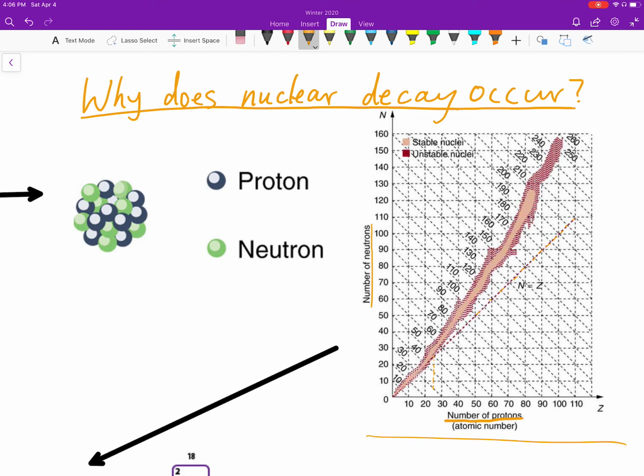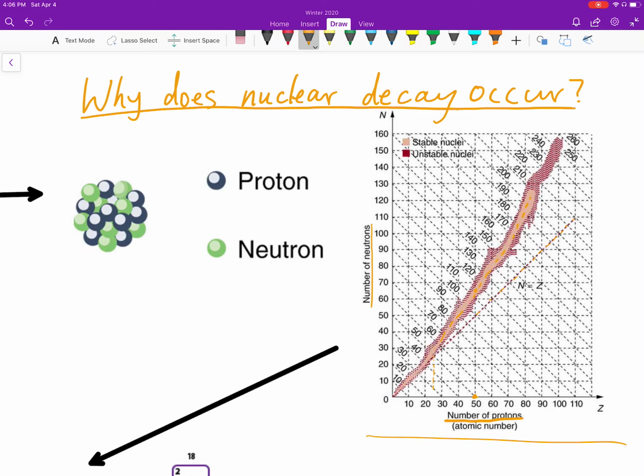This kind of pinkish orange in the middle represents the most stable state for the nucleus. So for example, a nucleus with 50 protons, to be the most stable, would have about 65 neutrons, for a total mass of 110, or 115 atomic mass units.